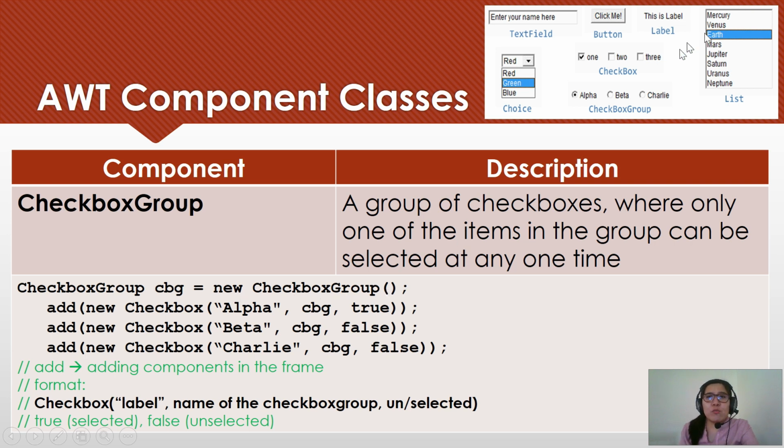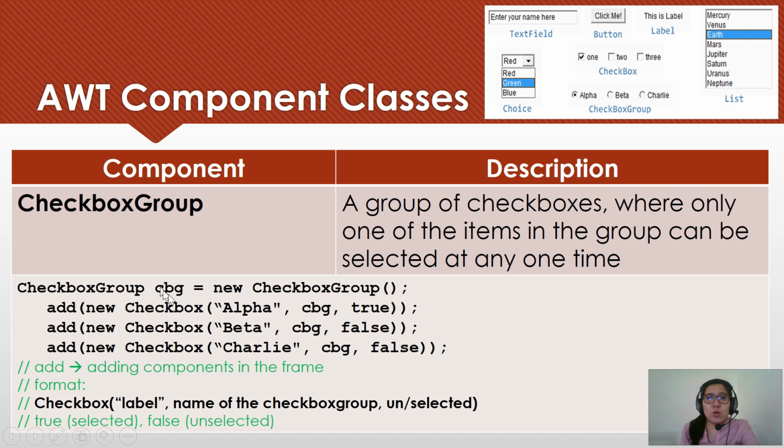So in order for us to add alpha, beta, and Charlie, we have the keyword add, adding the components in the frame. So add, parenthesis, new checkbox, parenthesis, then our label here, first is alpha, comma, CBG.